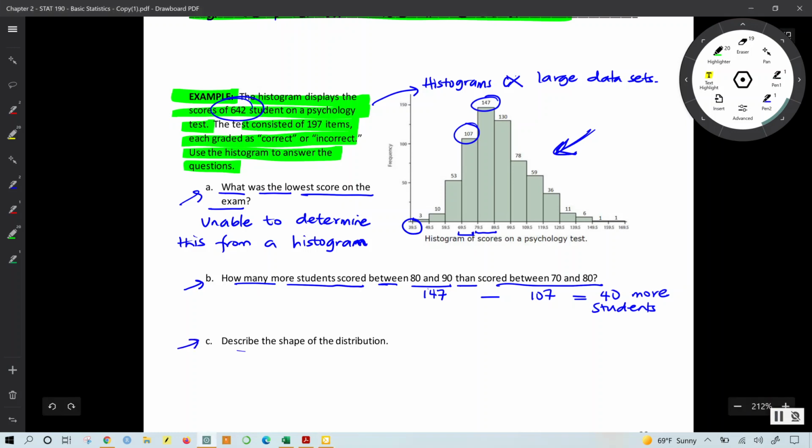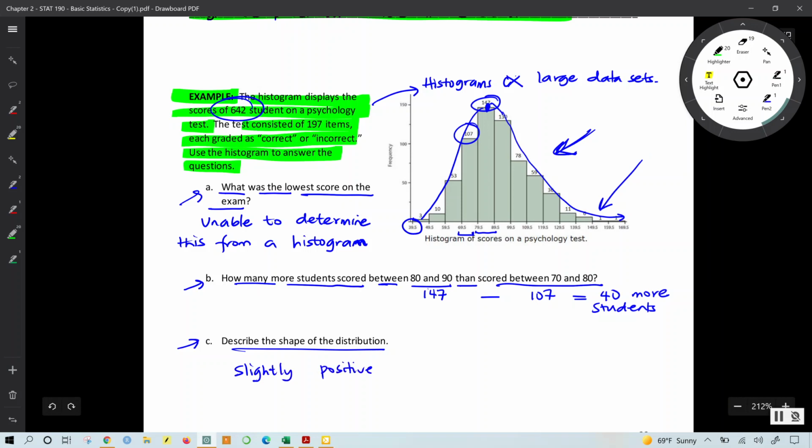Then the next question is to describe the shape of the distribution. It appears that this tends to have a little bit more tail. Looking at this point, let's see, then this way. I would say that this appears to be slightly positively skewed or right skewed.